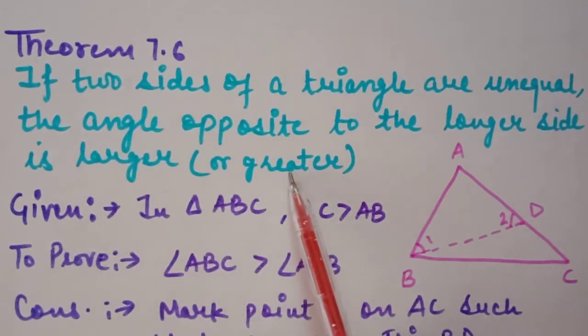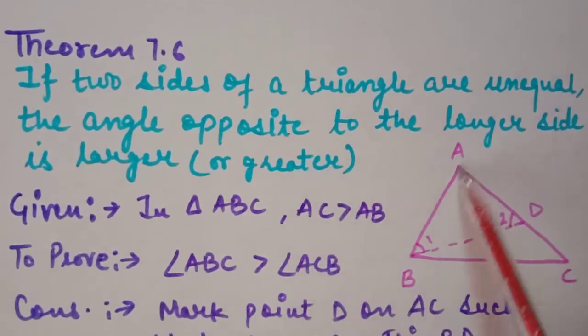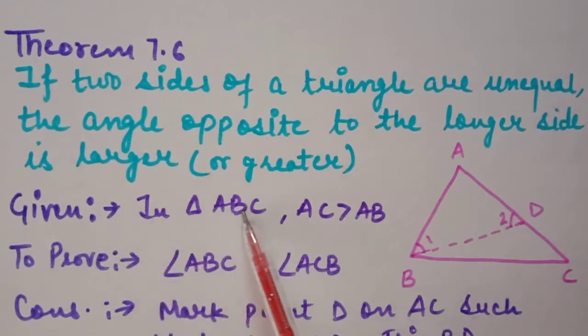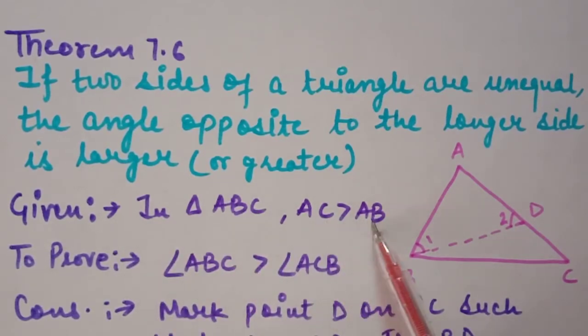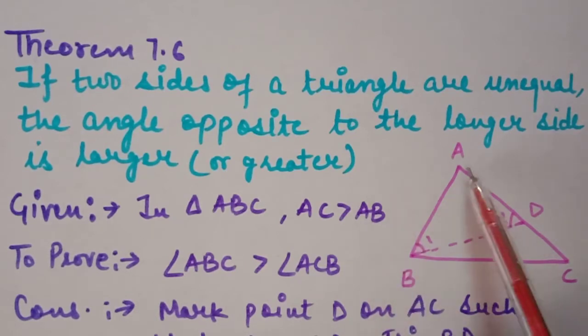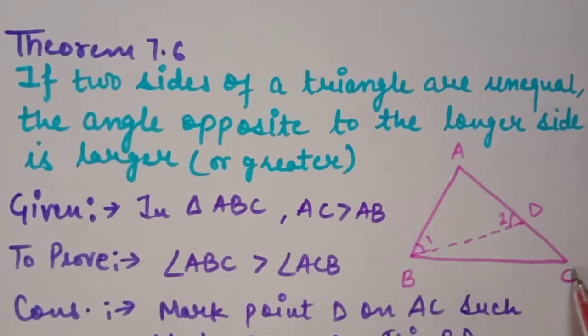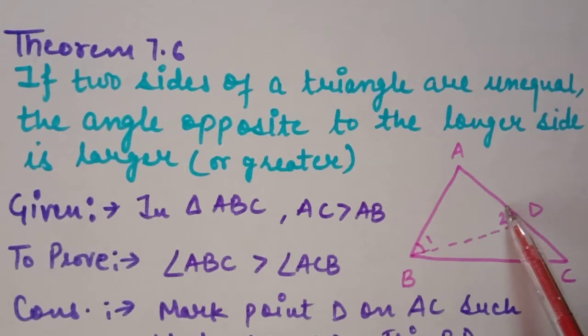So we will start our lecture. First of all, we will make a diagram, triangle ABC, which is given also. In this triangle we have one relation, that one side is greater than the other side. So we will take AC as greater than AB. So what we have to prove: the opposite side of AC is angle B, it means angle ABC.